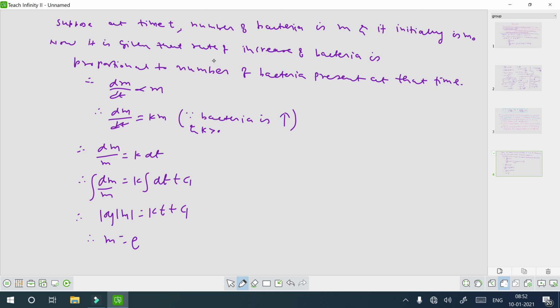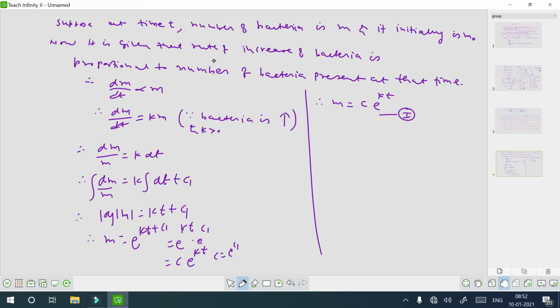So m is equal to e raised to kt plus c1. Can I write it as e raised to kt into e raised to c1? Put it as a new constant, c is equal to e raised to c1. So m is equal to c e raised to kt.